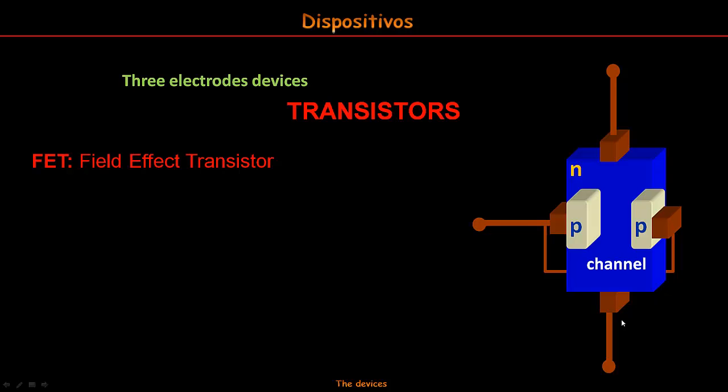In this case, the electrical field applied in the two P terminals controls that flux of electrons. This is why it is called a field effect transistor. It is an N-channel, because the electrons are carrying the current through this N-channel from here. Of course, exchanging P and N is also possible. This is a junction FET.